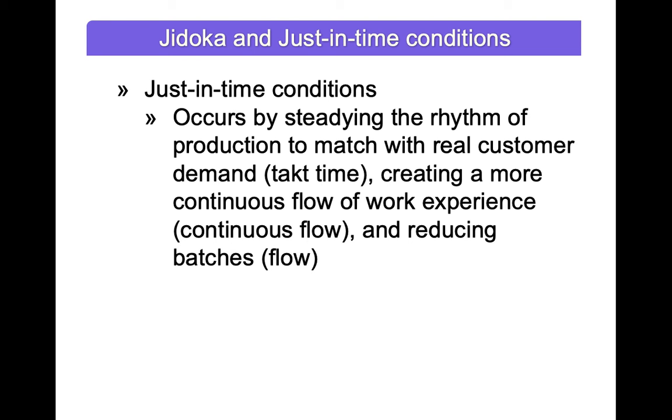create a line that's flexible, that has more than one purpose. It doesn't just make one product, so that you can make just what you need of product A now, and then you can switch that line and make something else that you can sell now, rather than making one item only on one line and then storing inventory that you can't even sell now. So that's the key to this.